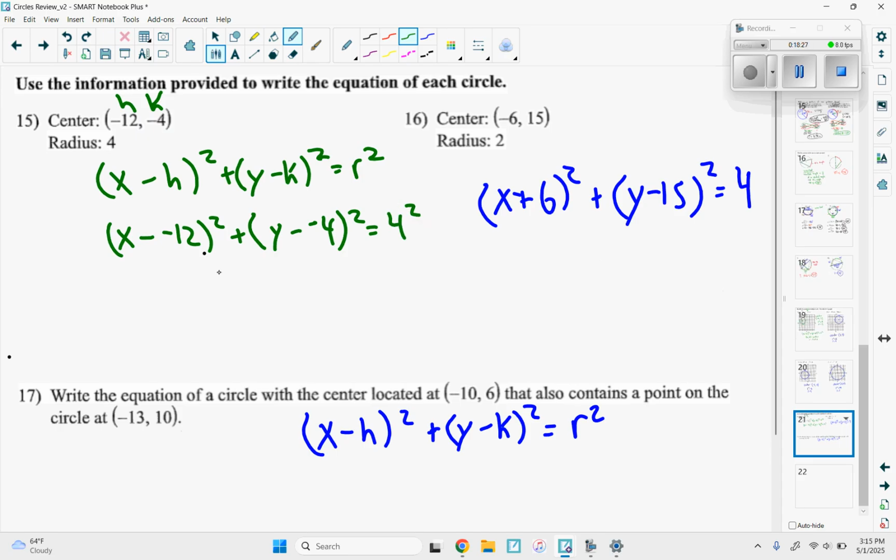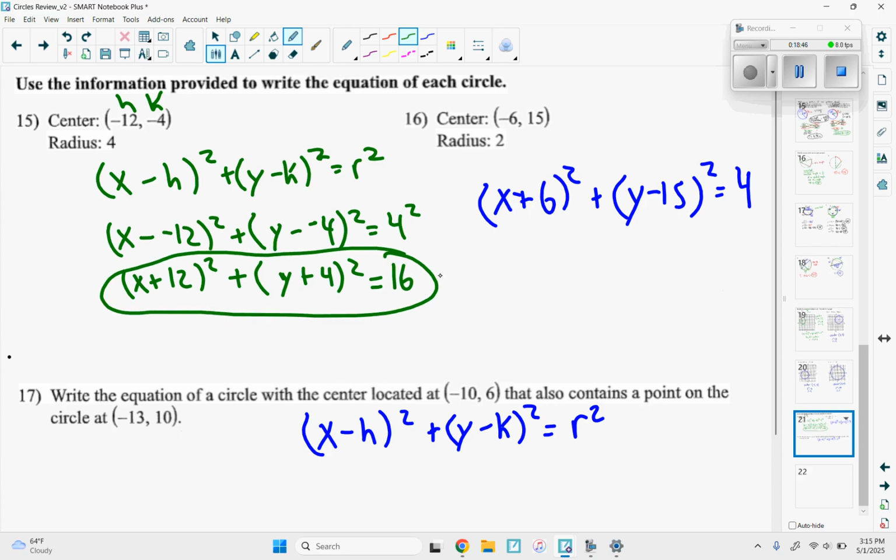So I got 4 squared. Now I just want to simplify it. These two minus a negative becomes positive. So it's x plus 12 squared. Same thing here. This simplifies to y plus 4 squared. And then 4 squared is 16. That's my equation of the circle.